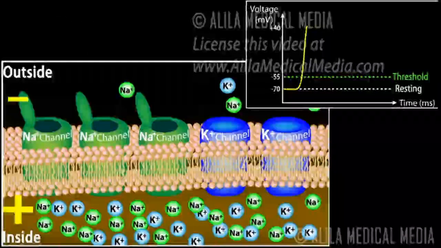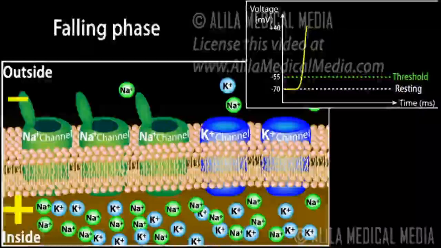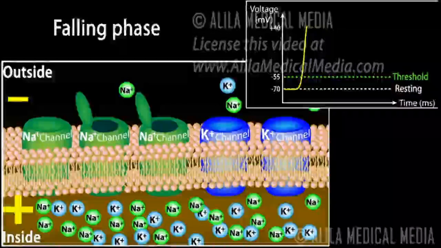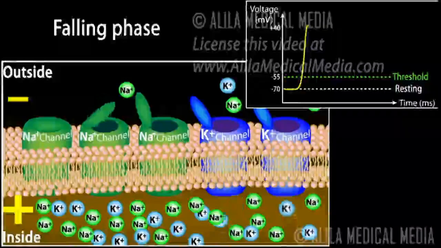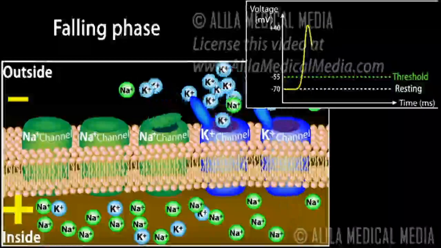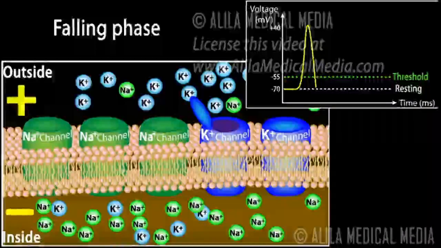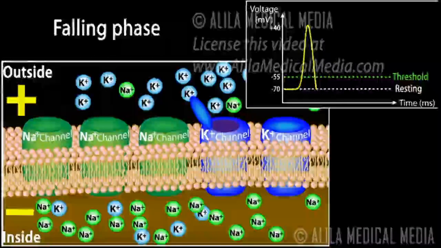As the action potential nears its peak, sodium channels begin to close. By this time, the slow potassium channels are fully open. Potassium ions rush out of the cell, and the voltage quickly returns to its original resting value. This corresponds to the falling phase of the action potential.